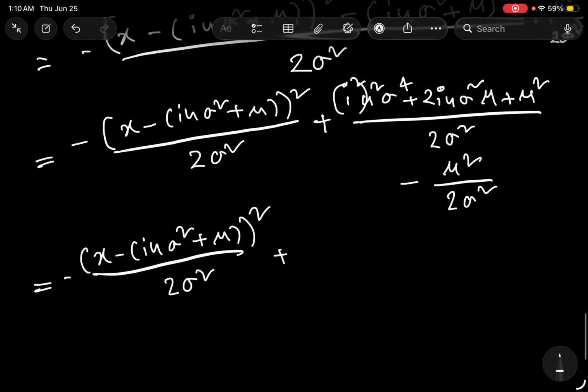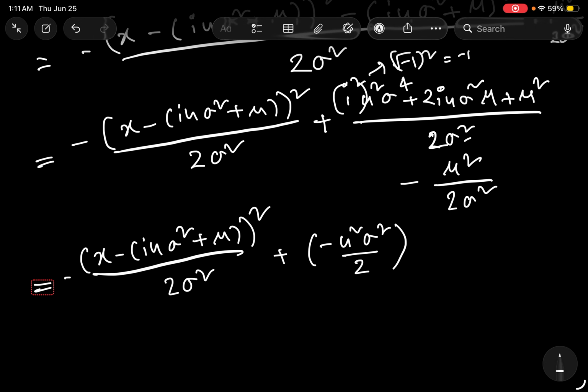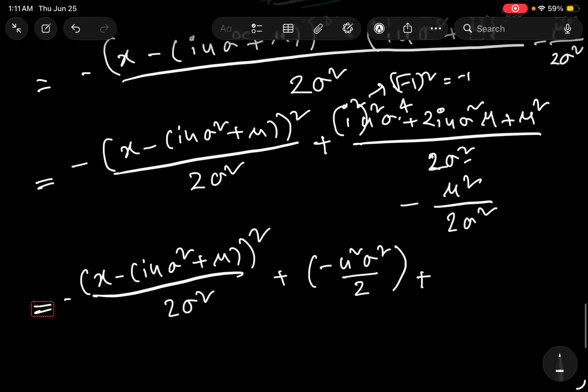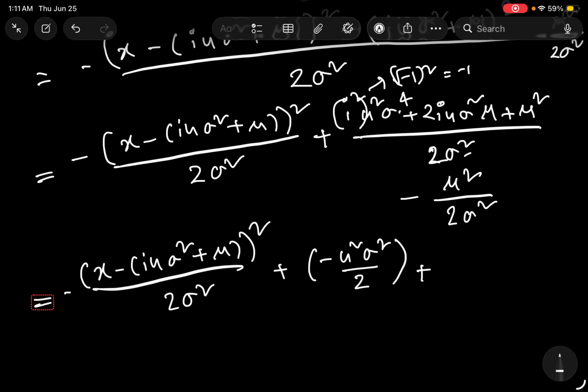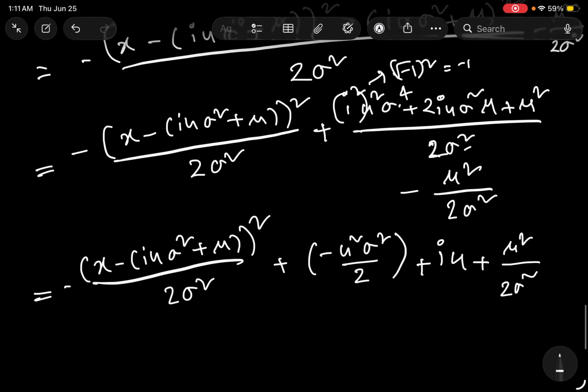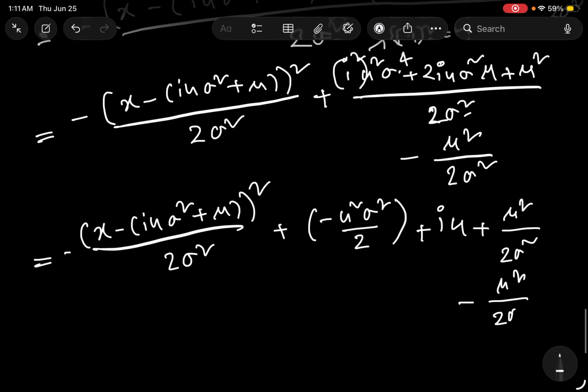This i square is imaginary root minus 1, so squaring it becomes minus 1, right? So if we divide each component by 2 sigma square, this becomes u square sigma square by 2. So plus, the 2 gets cancelled, sigma square gets cancelled, you have i u, then you have mu sigma square by 2 sigma square minus mu square by 2 sigma square.